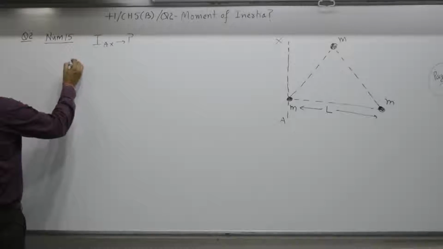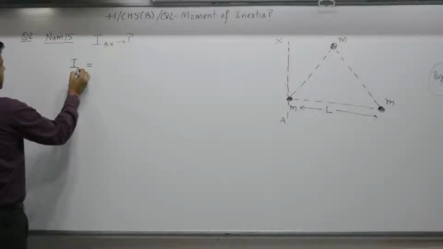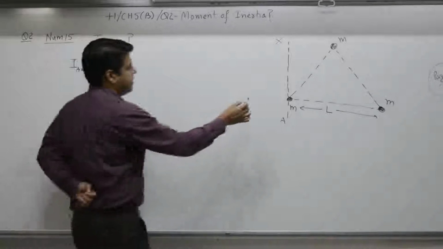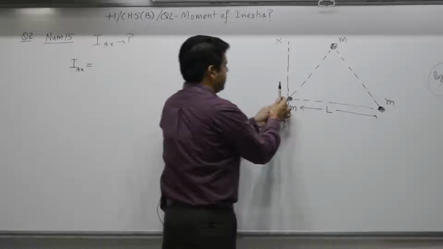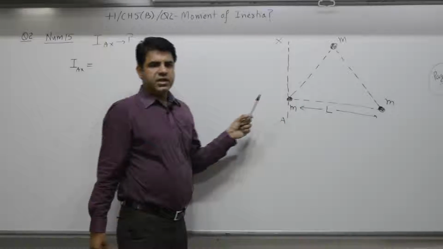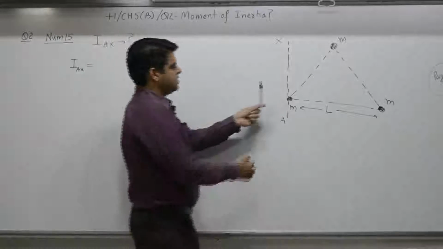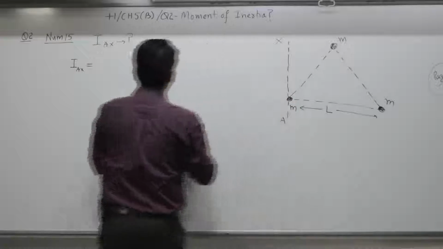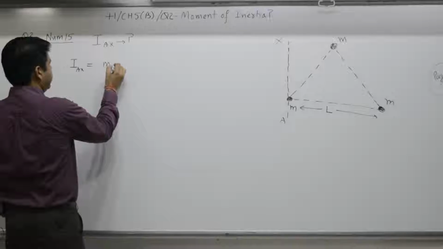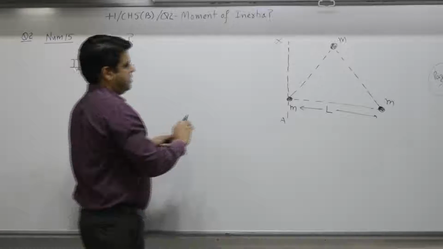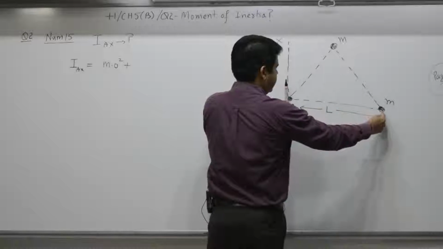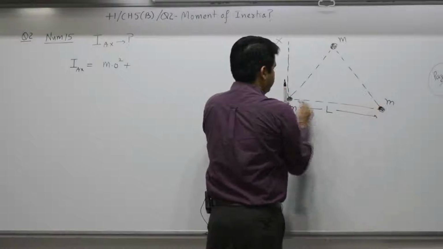Yes, moment of inertia is what? This mass m, it is at what distance from axis of rotation? Anyone with the answer, please? Correct answer: this is at distance 0. M into 0 square, plus the second object. It is at what perpendicular distance from axis of rotation?